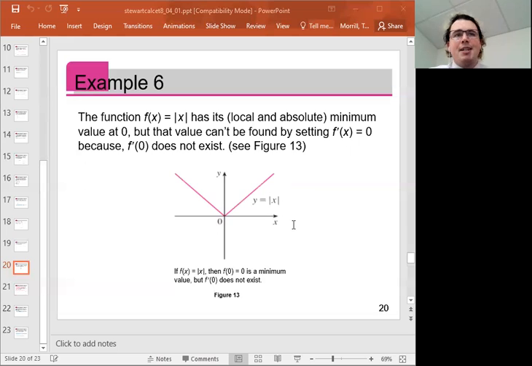So I don't have a tangent line at x equals 0, but x equals 0 definitely is my minimum there. The smallest absolute value that any real number can have is 0. And every real number that's not 0 has an absolute value which is greater than 0. So this is the minimum, but derivatives wouldn't have helped me there, at least not looking for the derivative equal to 0.